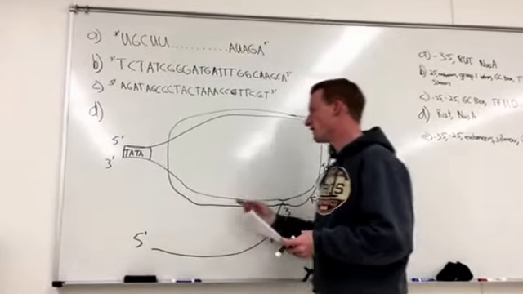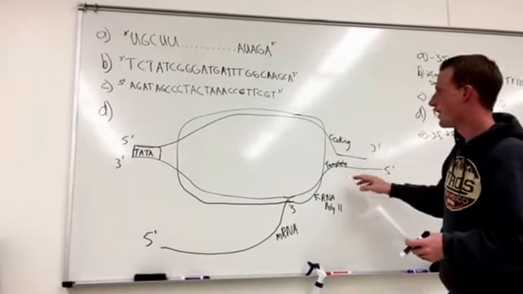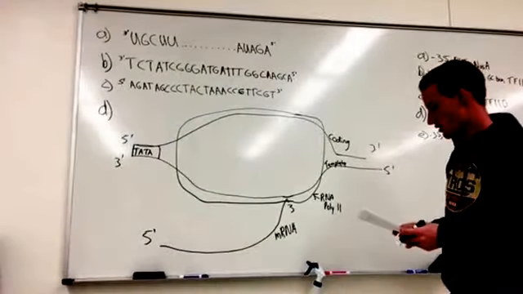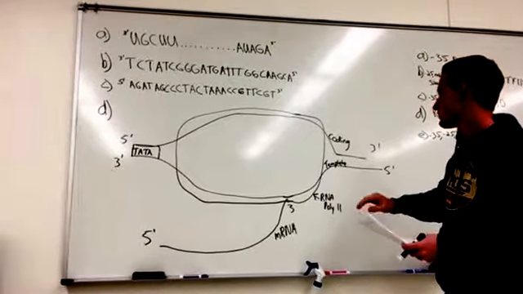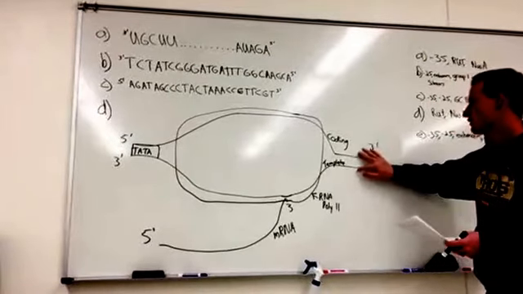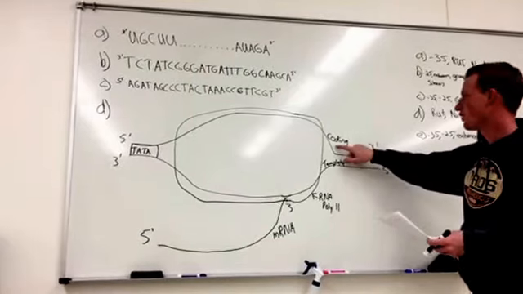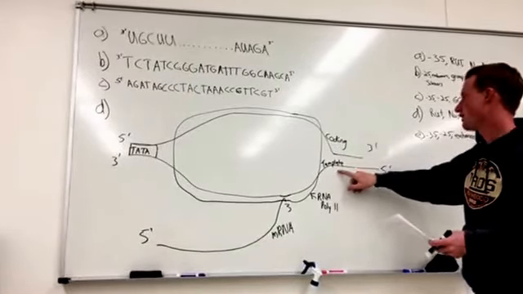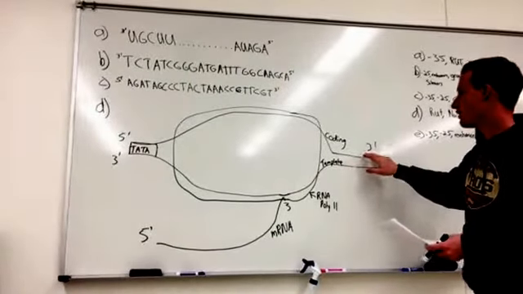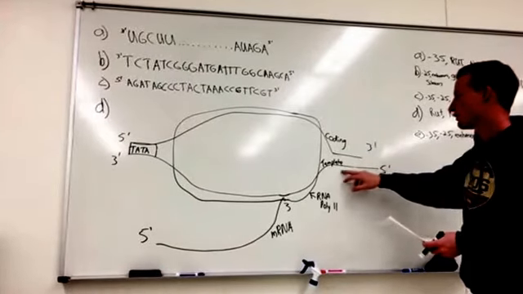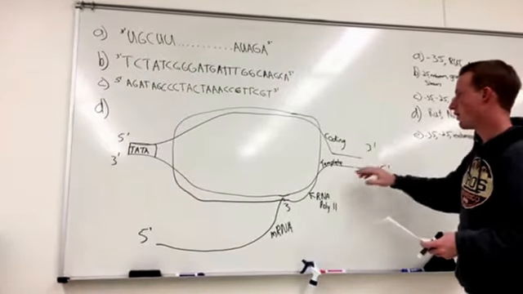And then for part D, we're asked to draw a picture, and this is our picture of this taking place. So we have the 2 DNA sequences right here. We have the coding strand and the template strand. This is the 3' end for the coding strand, 5' for the template strand. They're going anti-parallel, obviously.